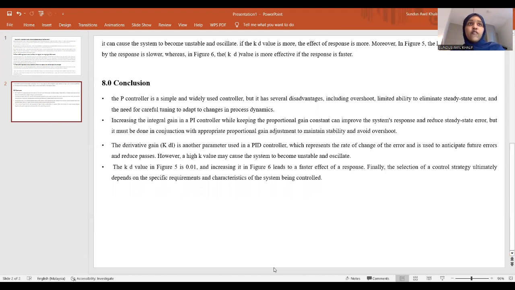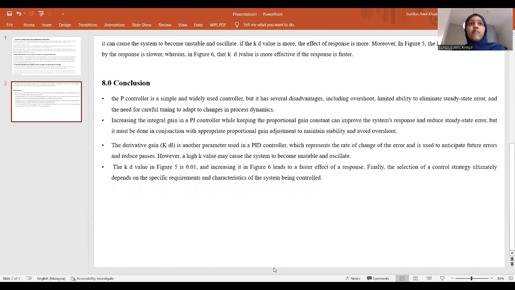Finally, the conclusion. The P controller is a simple and widely used controller, but it has several disadvantages, including overshoot, limited ability to eliminate steady state errors, and the need for careful tuning to adapt to changes in process dynamics.